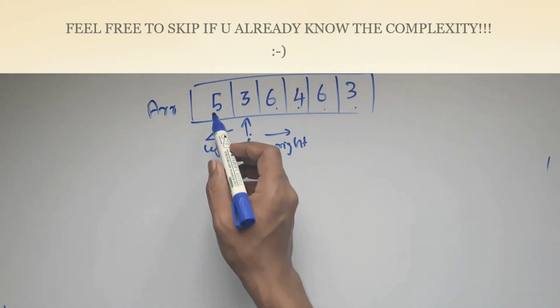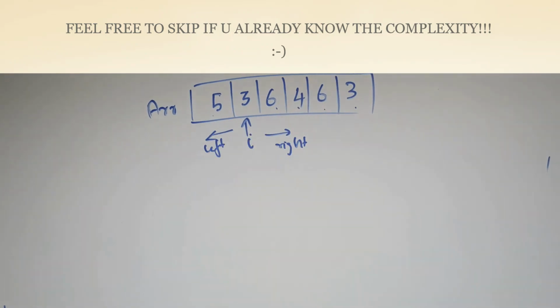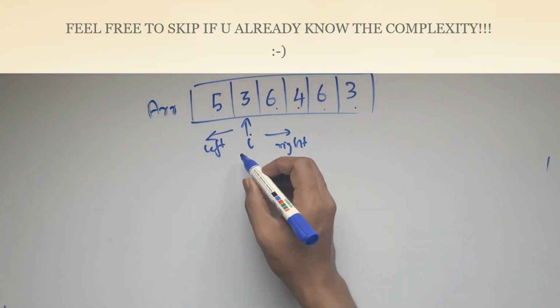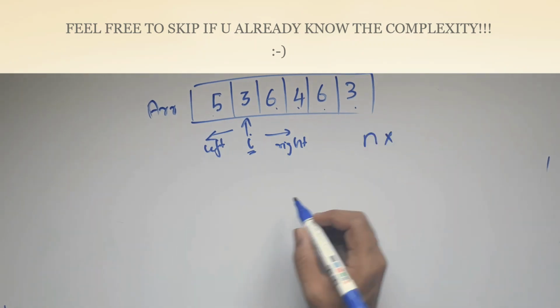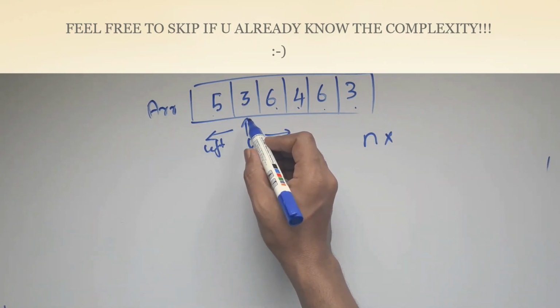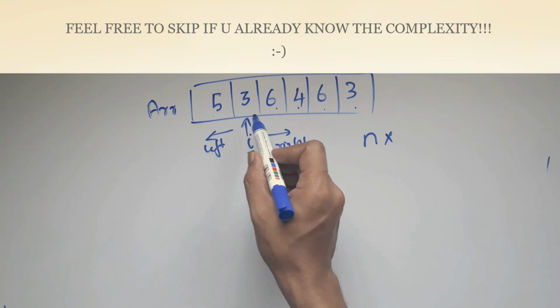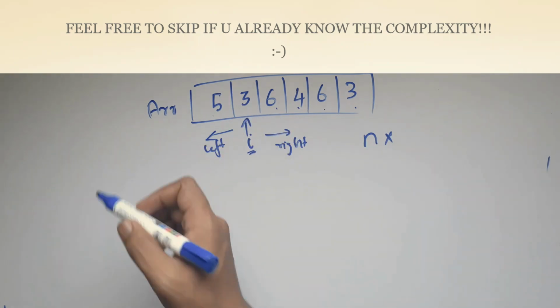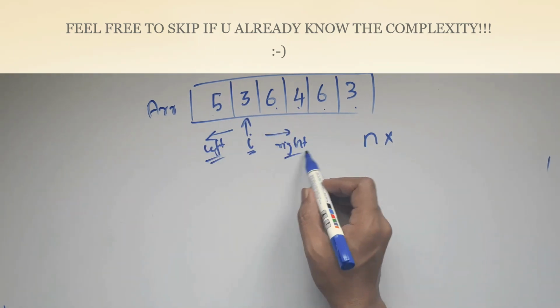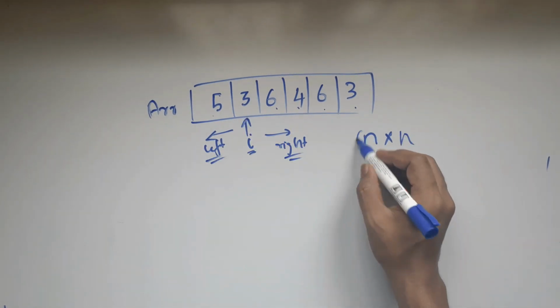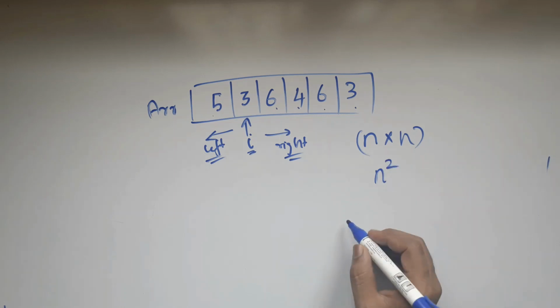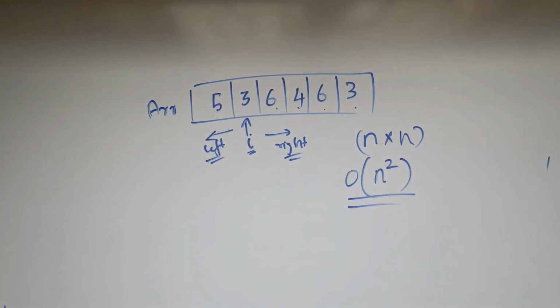And on the left also, we have to traverse all the elements which are on our left side. So at every stage, at every point, when we come to one particular point, from there again we have to traverse almost n elements. To calculate the leftmost maximum and the right maximum, we have to traverse all the elements in our left and right. So again we have an n. So n into n, we have an n square problem. So whose time complexity would be order n square.